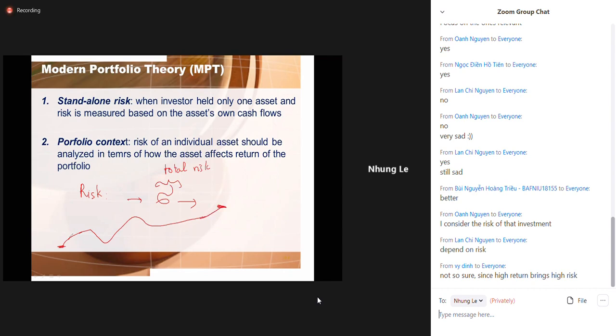It means, for example, today nothing changed in the macro factors, the market just stayed. But because the strategy of the company changed, the price of the company goes up. So you capture this one.